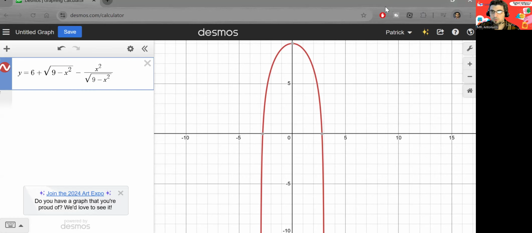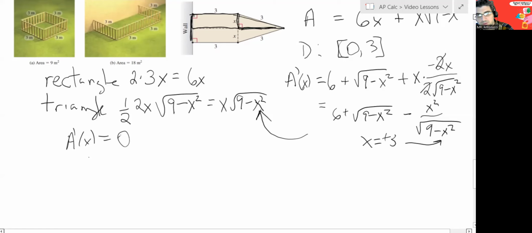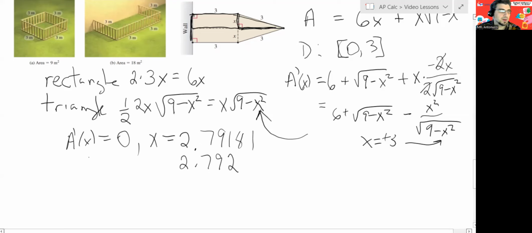Okay, so a prime of x equals 0 at x equals 2.79181, which is 2.79 if we round to two decimal places.